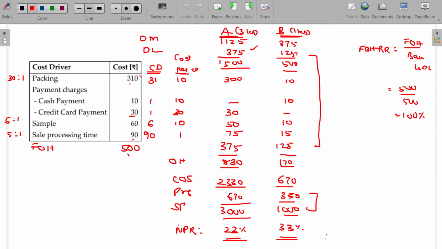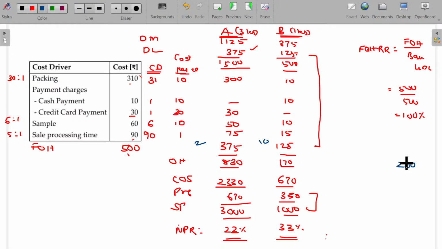In case of selling to A, we get only 22%. Selling to B, we get 33%. It means because of A's consumption, B has paid. A has eaten only 2 idlis, but B has taken 10 idlis. But the overall bill 200 is shared equally. How is it logically correct? So traditional costing has such a mistake.